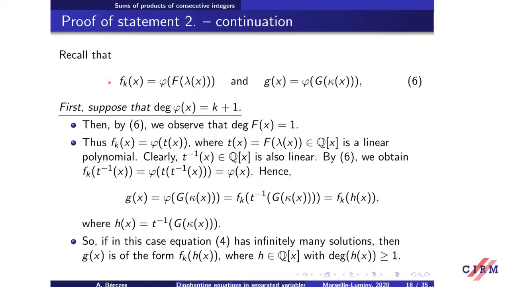We just recall that this is how f_k and g of x are composed. Now, from this composition, we see that the degree of f must be 1. Because phi is of degree k plus 1, f must be linear. But then, clearly, we have f_k of x equals phi of t of x, where t of x is f of lambda of x. It's linear.